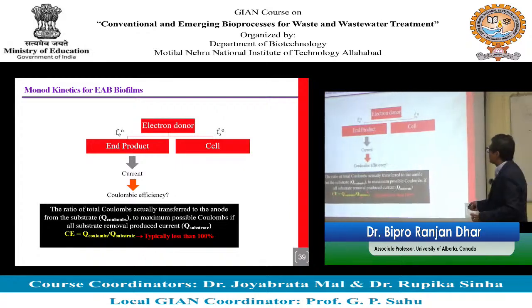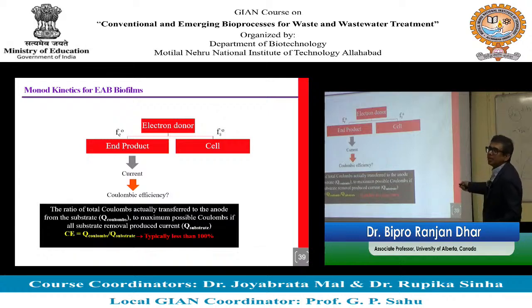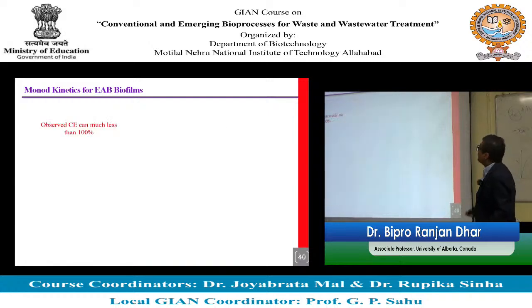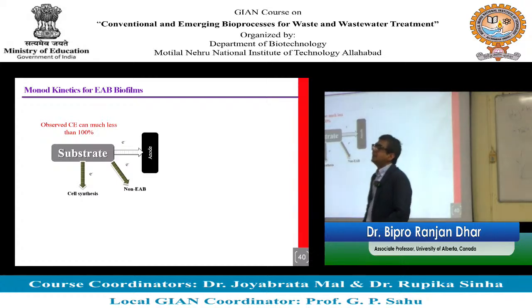Let's say coulombic efficiency is 90%, my Fe naught is going to be 0.9 and this one is going to be 0.1, because it's not very easy to measure, right? If my coulombic efficiency is 80%, I'm going to consider my Fe naught is 0.8. If it's 70%, I'm going to put 0.7. Sometimes coulombic efficiency can be much less, let's say 50%, but we expect that anaerobic microbes' cell synthesis should not be that high.